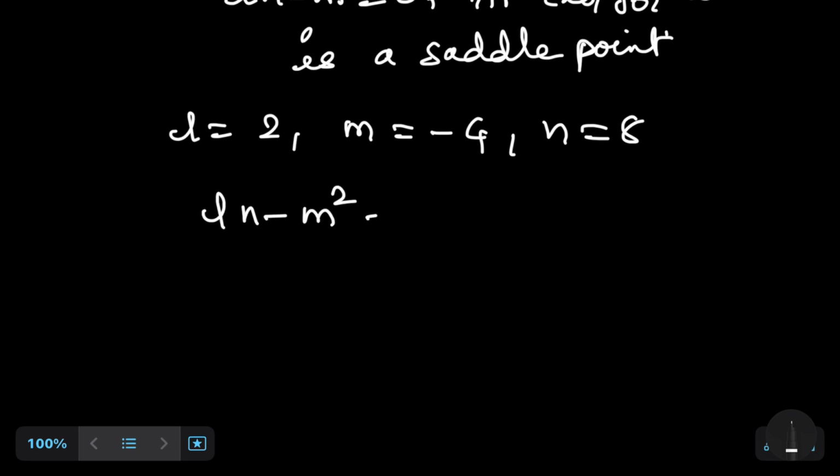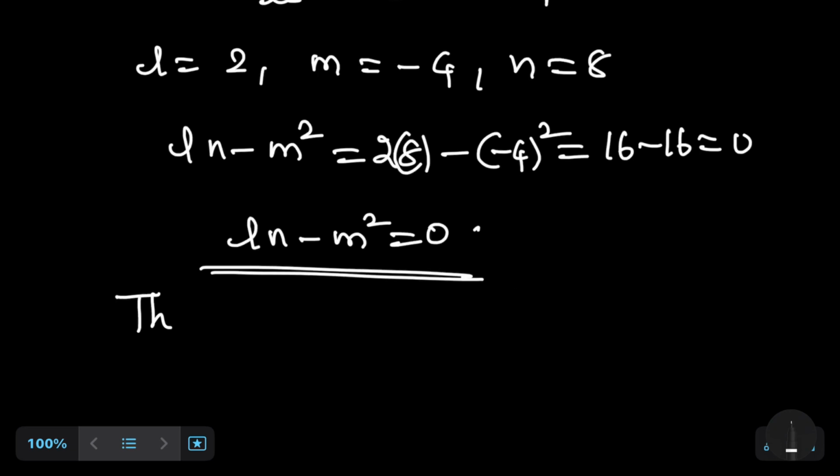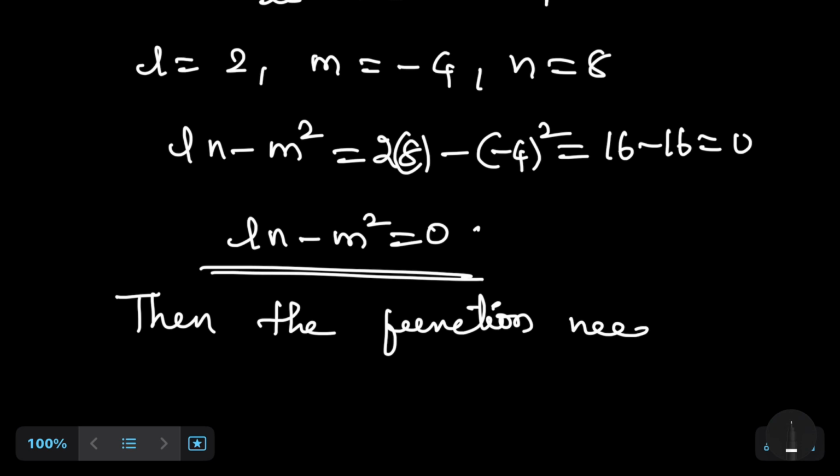Ln − m² = 2 × 8 − (−4)², which is 16 − 16 = 0. Then Ln − m² = 0, so the test fails and the function needs further investigation.